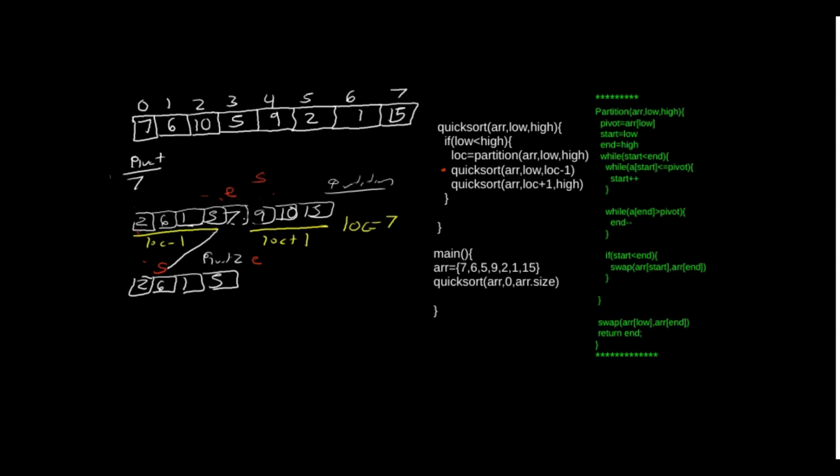No. So we stop it here, move S over here. Now we do E. Is 6 greater than 2? Yes. Is 1 greater than 2? No. So right here we just do a quick swap.